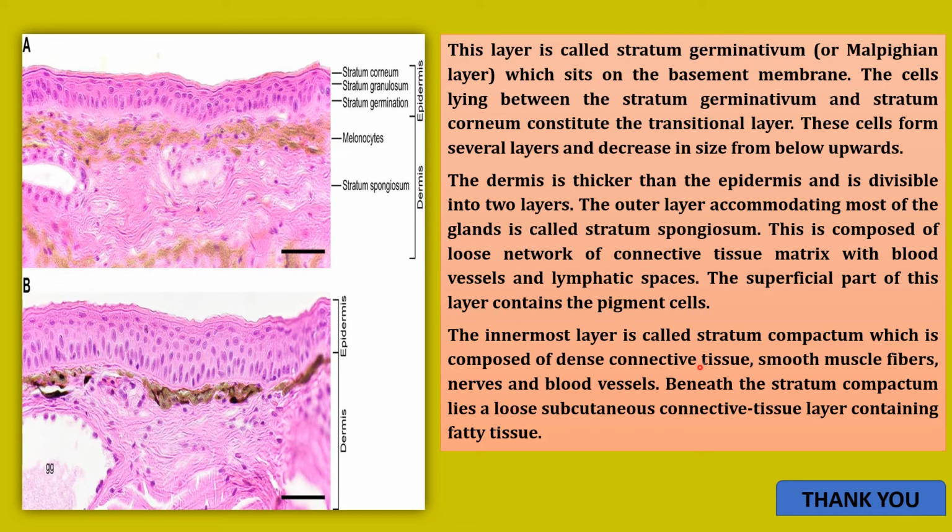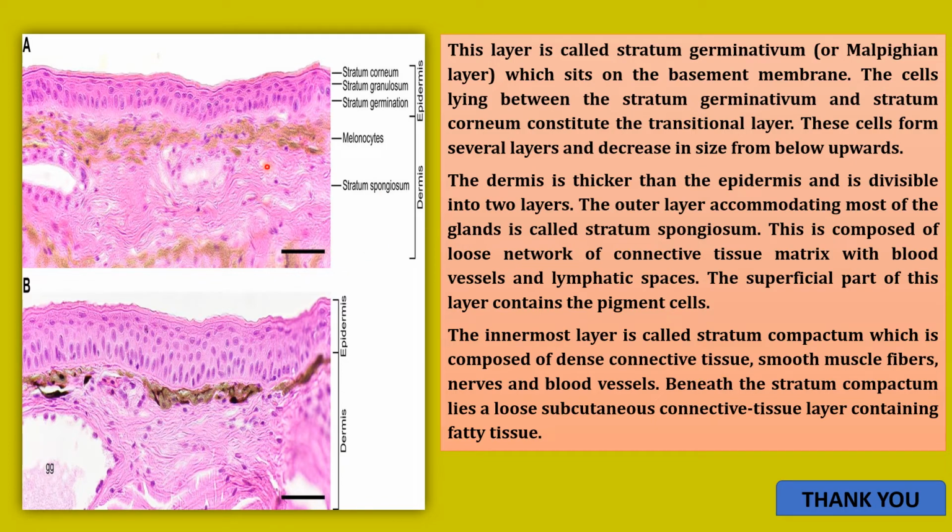The innermost layer of dermis is called stratum compactum. This is not labeled here, but I am showing you this portion. This portion is called stratum compactum, which is composed of dense connective tissue. So this is the difference between these two layers.